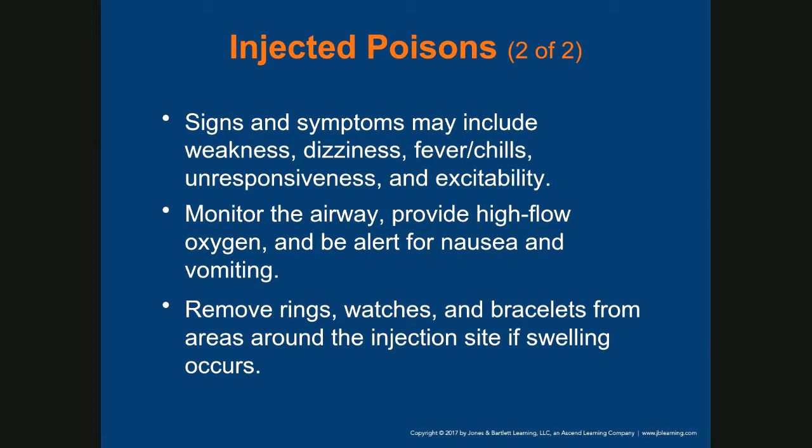Injected poisons, signs and symptoms that we need to be looking out for: weakness, dizziness, fever, chills, unresponsiveness, excitability. Monitor the airway, provide high flow oxygen, and be alert for nausea and vomiting. Remove rings, watches, and bracelets from areas around the injection site if swelling is occurring, right?